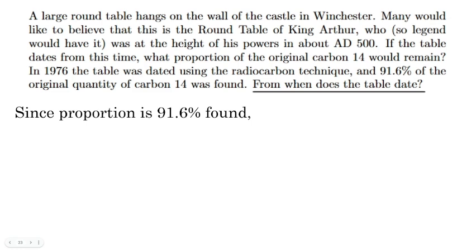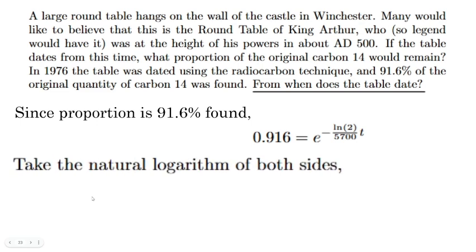So since the proportion is 91.6%, we can take the equation from before and replace N(t) divided by N naught with 0.916, setting it equal to e raised to negative k times t, and we can now just solve for T.